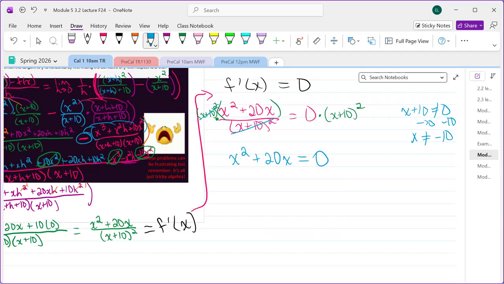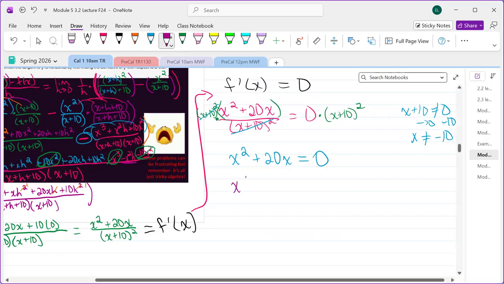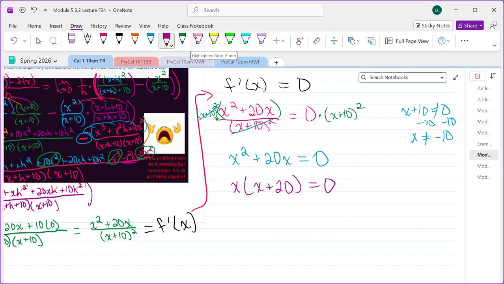So x squared plus 20x is equal to 0. So what is x going to equal? How'd you get 0 and negative 20? Yep. So x squared plus 20x has an x in common. And now that it's in a factored form, our zero factor property says if two things being multiplied are equal to 0, then one or the other of the things is 0.